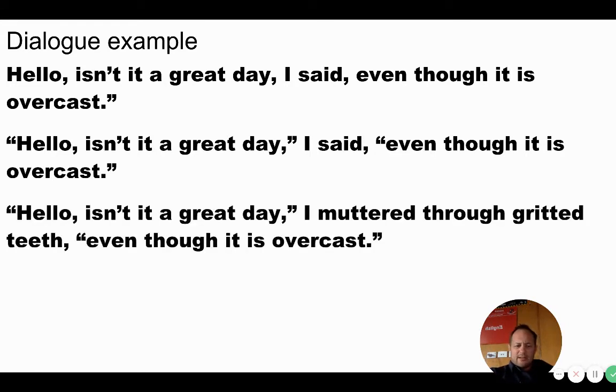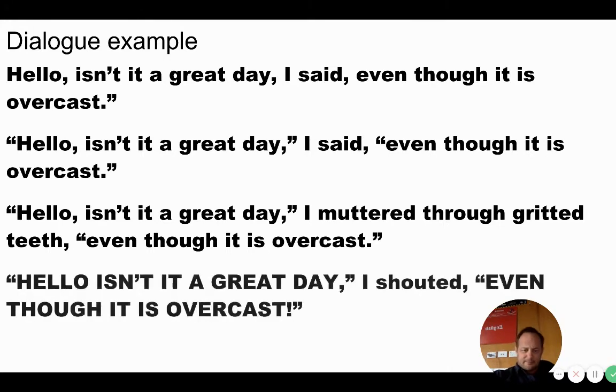So, as an example, I've got the same direct speech here, but in between the direct speech, instead of saying "I said," which is pretty plain, I wrote "I muttered through gritted teeth." Okay, there are some clues there as to the tone and the emotion and even the character of the speaker.